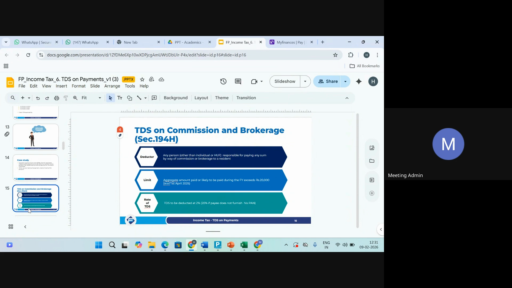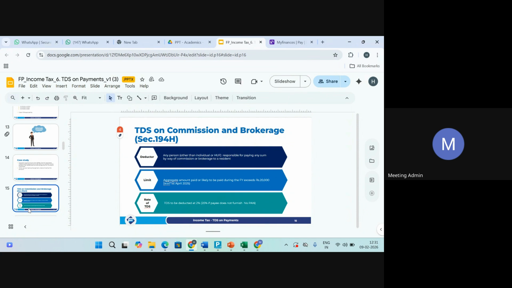In some cases, the broker who receives a certain amount also has a responsibility to pay tax on the commission he has received, as a resident.